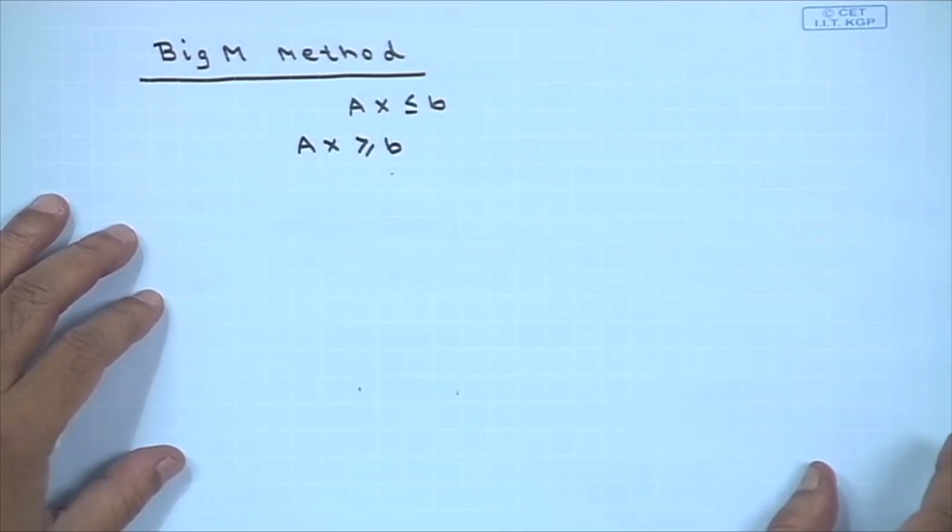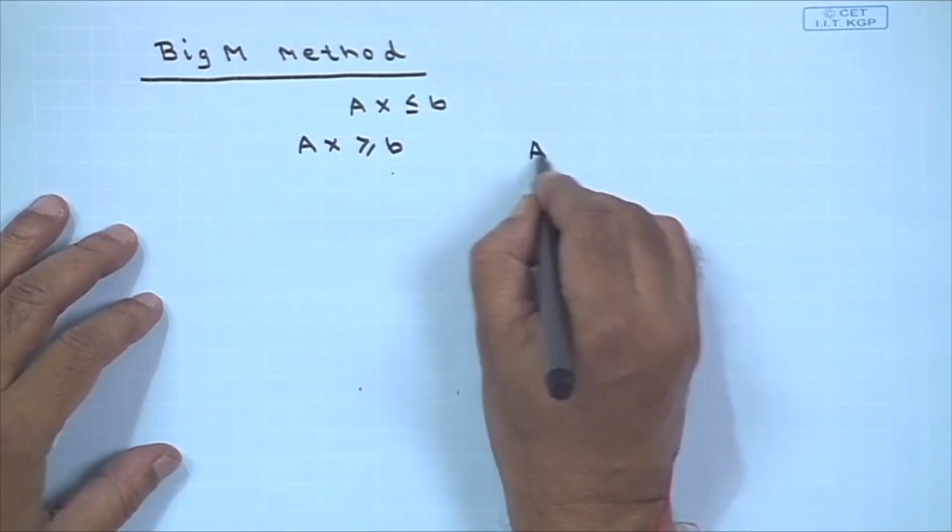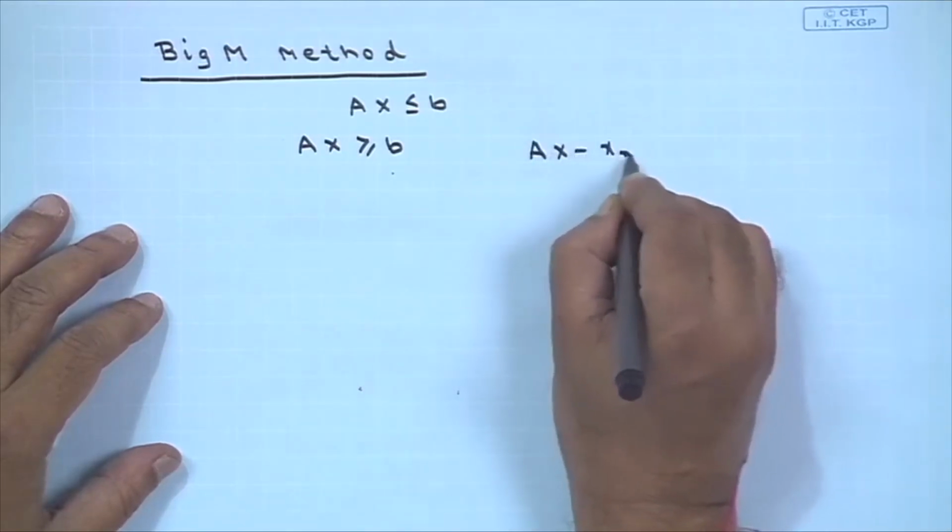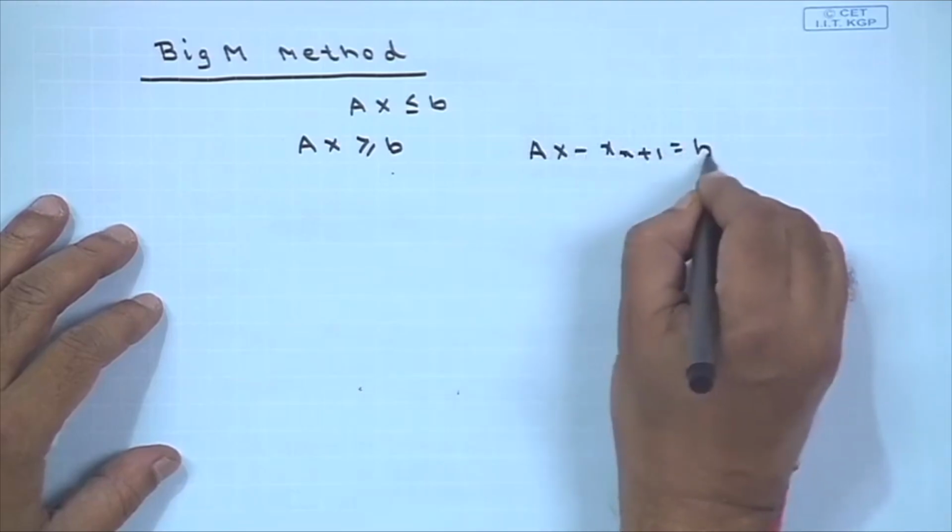If you remember earlier, we told that whenever you have a x greater than equals b, to make it equality type, we subtract a surplus variable, that is a x minus x n plus 1 equals b.